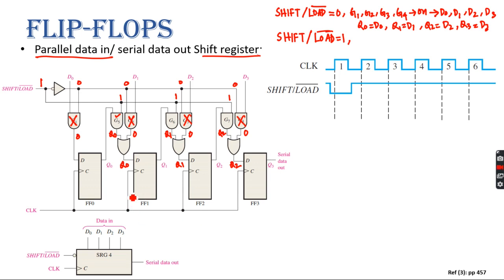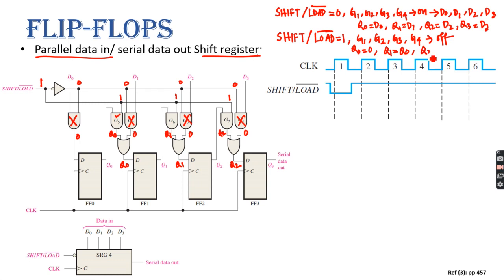Whenever you have put 1 in the control command, G1, G2, G3 and G4 will be off, right? Yes, sir. And then Q0 will be 0, right? Because no data is coming from here, right? Yes, sir. So Q0 will be 0 and then Q1 will be Q0.